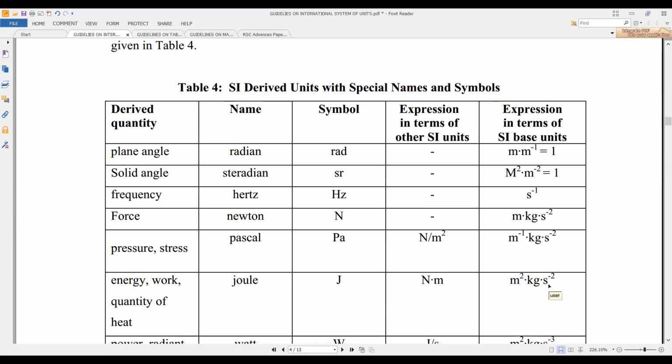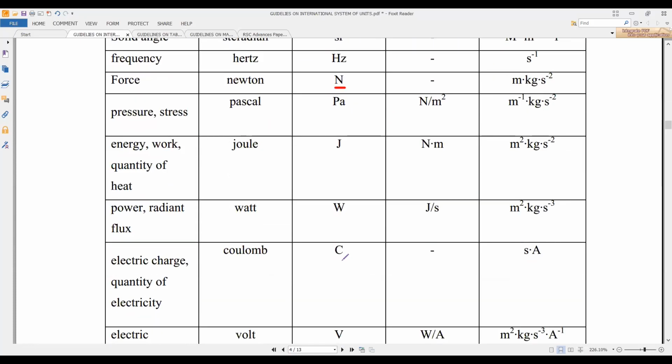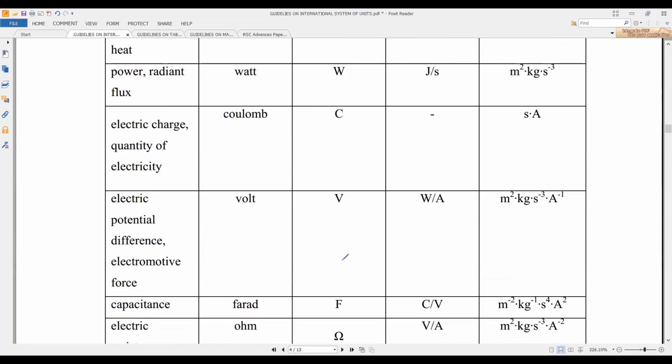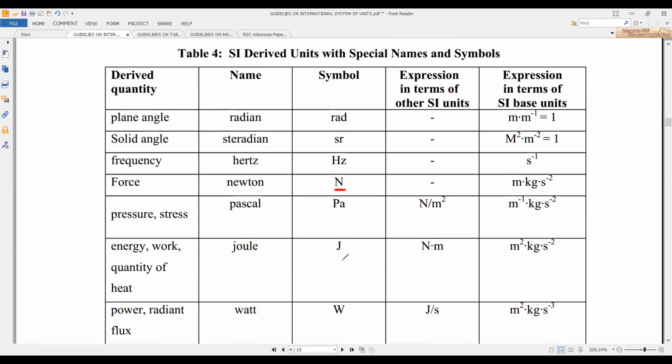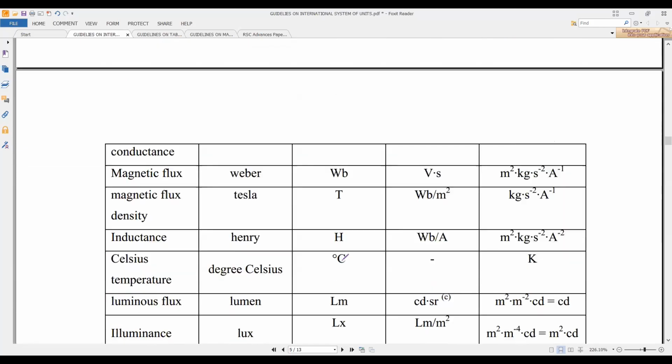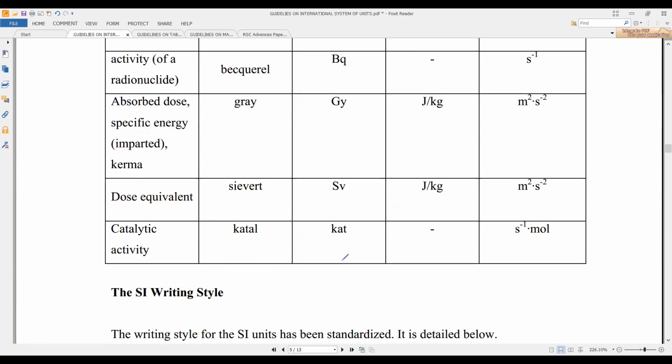And these are some special units which are not derived units. Radian, steradian, sr, hertz, Newton, Pascal, Joule, Watt, Coulomb, Volt, capacitance, Ohm, Siemens. These are some special units, and there are many more.